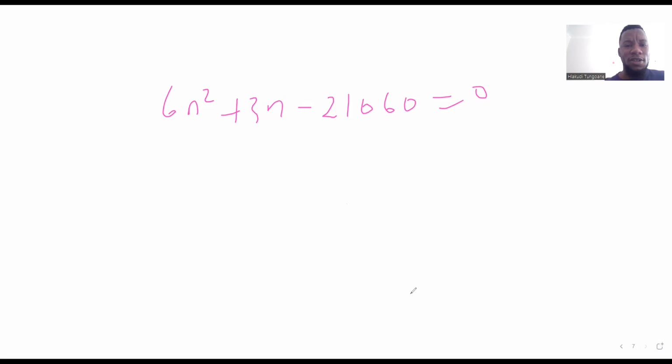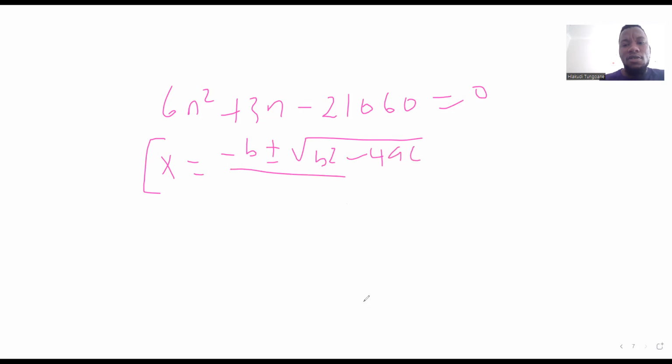You know the quadratic formula says x equals minus b plus or minus the square root of b squared minus 4ac, all over 2a. That's the formula we need to use in this case.